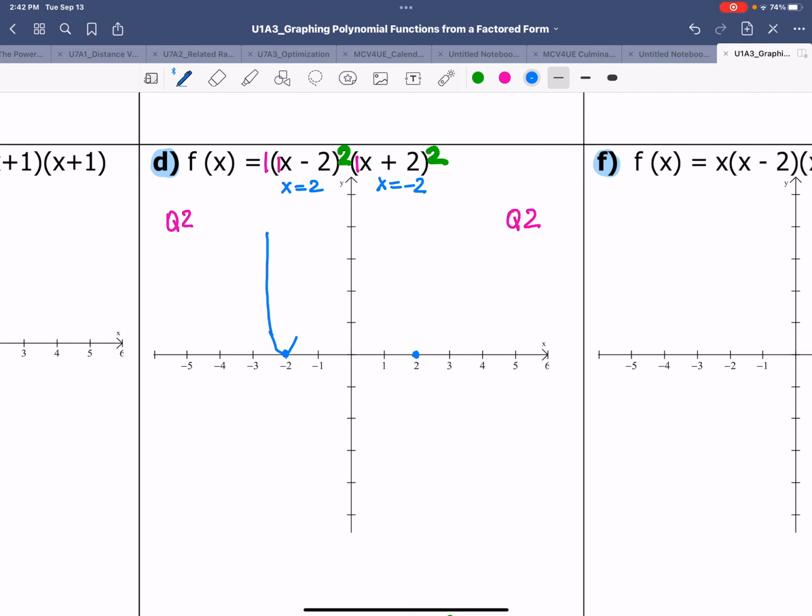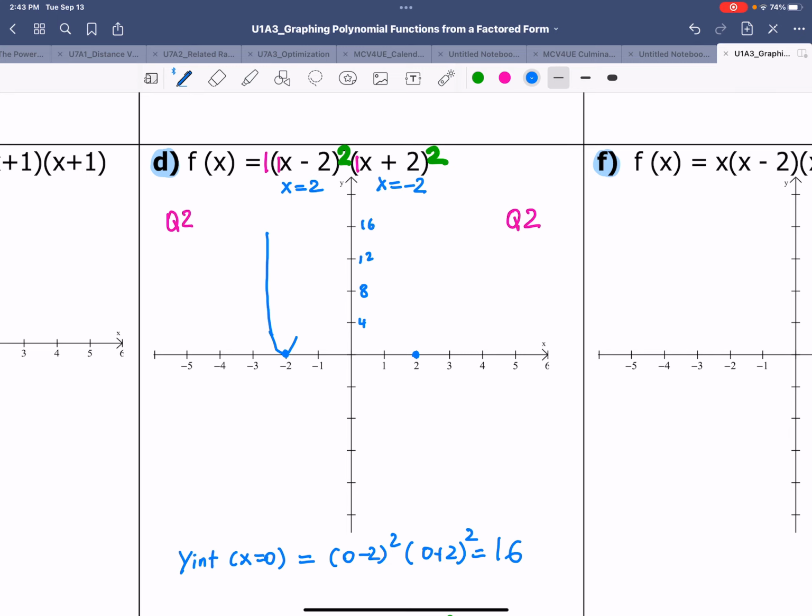Now, another thing we want to do to add accuracy to the graph of the function is find the y-intercept. For the y-intercept, we simply set x equal to 0, and that will give us 0 minus 2 squared times 0 plus 2 squared. So that will make 16. So 4 times 4 is 16, which means that I'm going to go by a scale of 4 units for each increment.